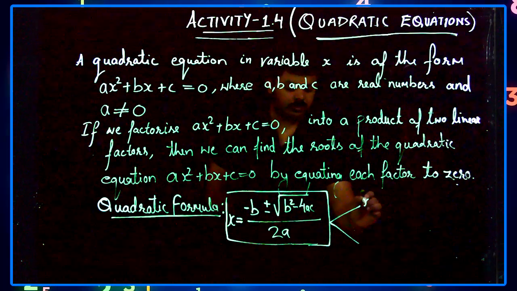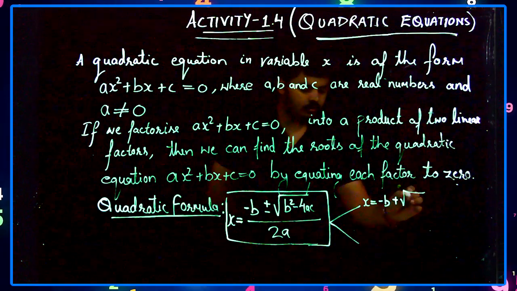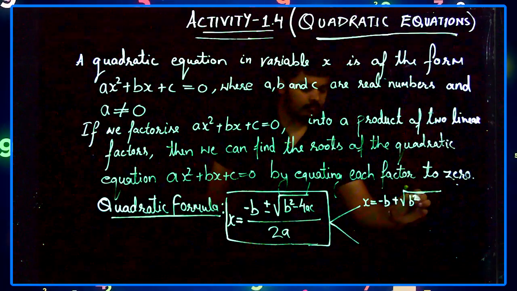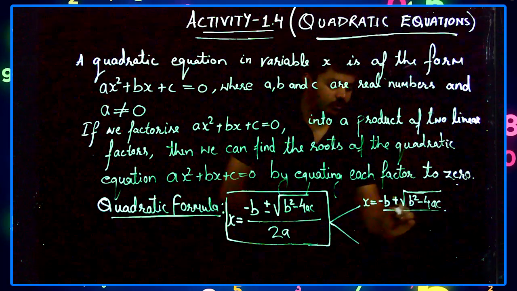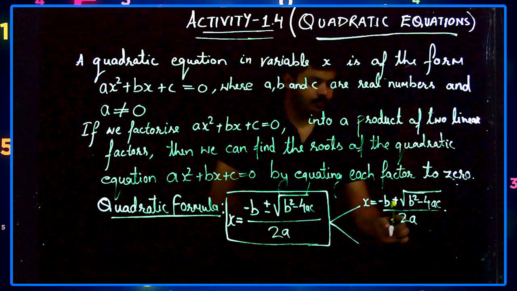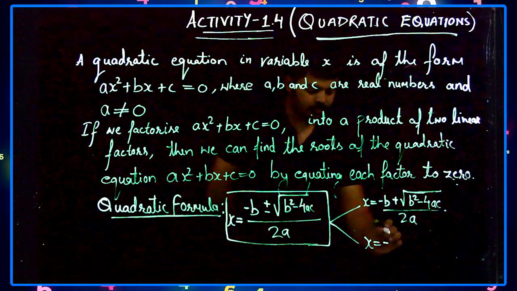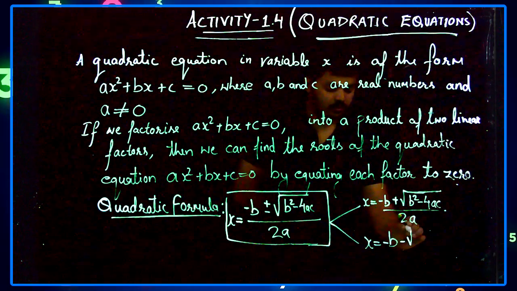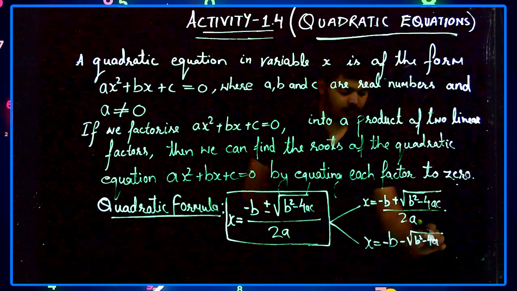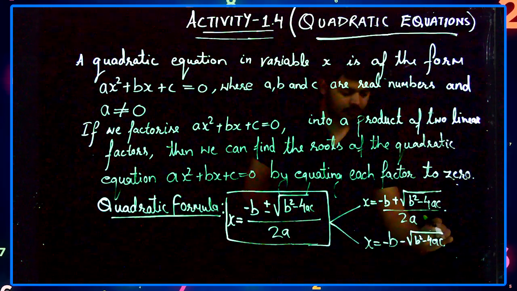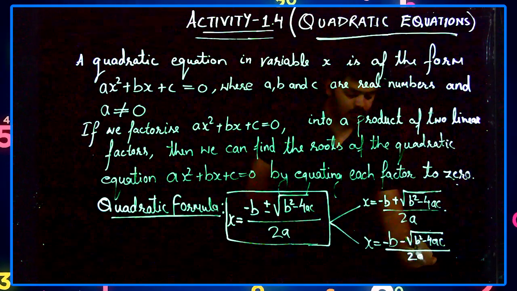One is x equals to minus b plus under root b square minus 4ac upon 2a, and x equals to minus b minus under root b square minus 4ac upon 2a.